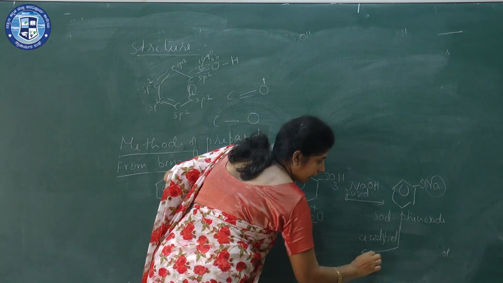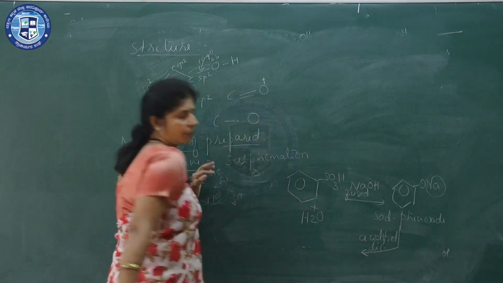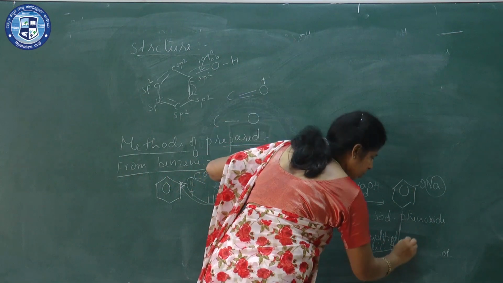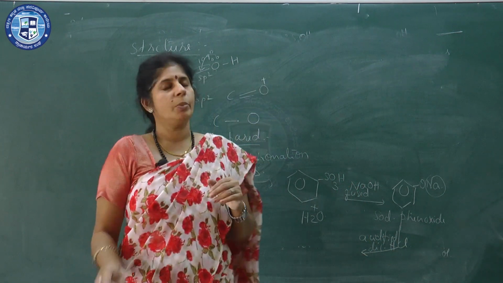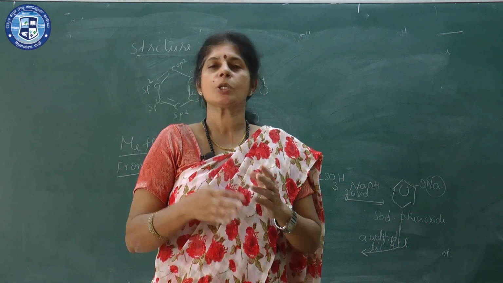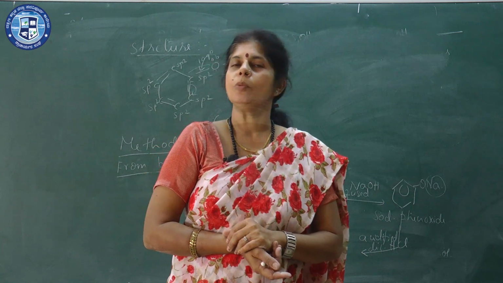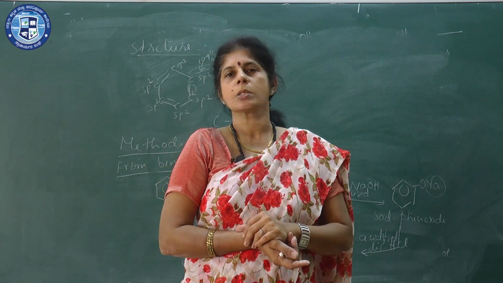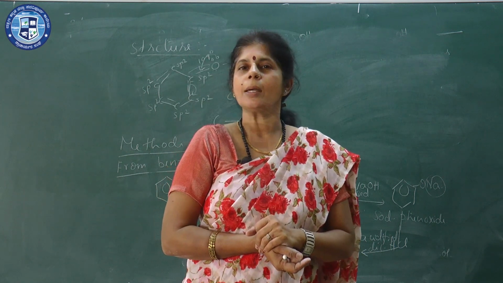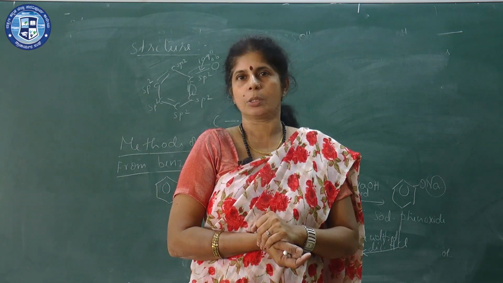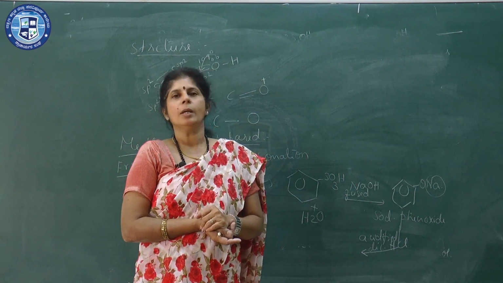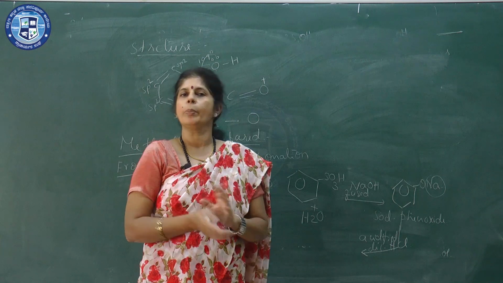This is done by dilute acids, like HCl. You can use H2SO4, but of course not HNO3. In organic chemistry, we avoid acidification with dilute HNO3 because in certain cases HNO3 acts as an oxidizing agent. So in all acidifications, you have to remember that HNO3 should not be used.